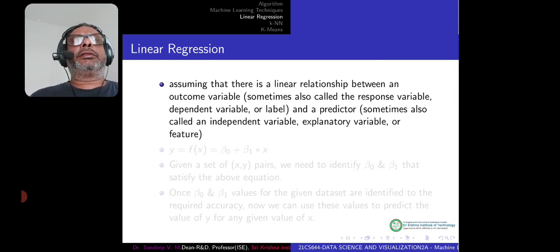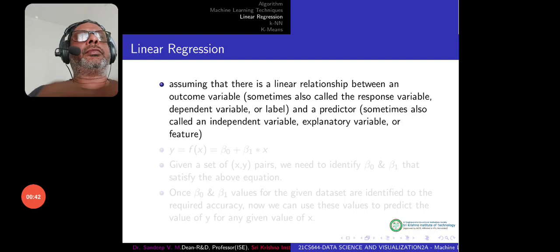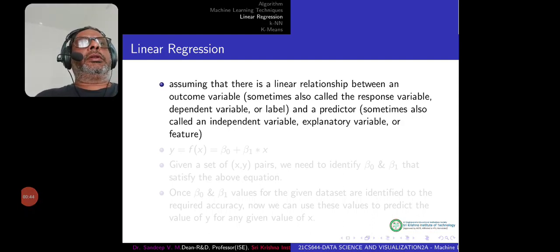The linear regression, so assuming that there is a linear relationship between an outcome variable, sometimes also called the response variable or dependent variable or label, and a predictor, sometimes also called independent variable, explanatory variable, or feature.